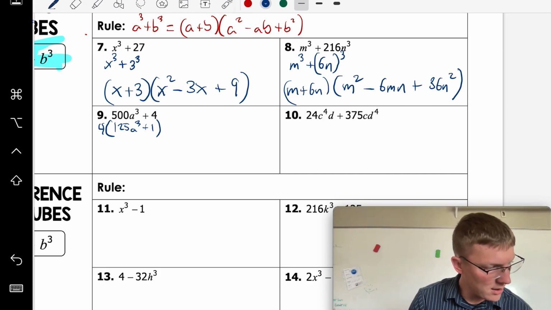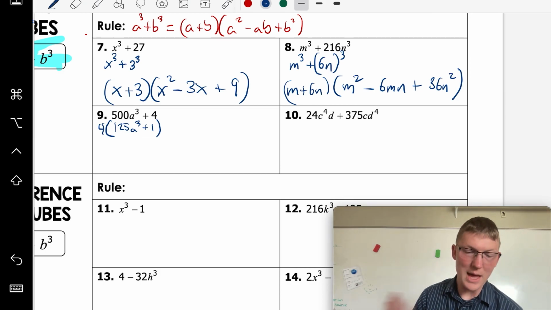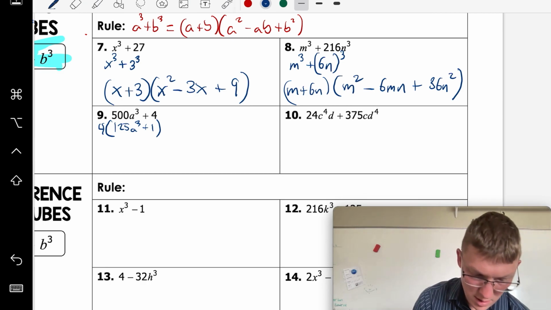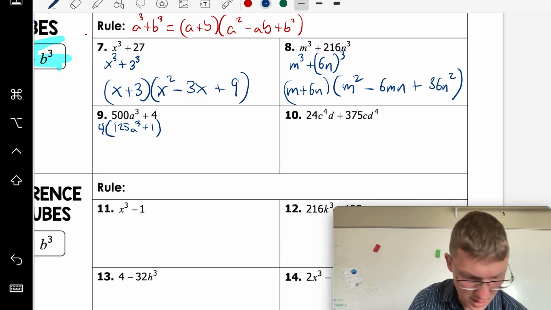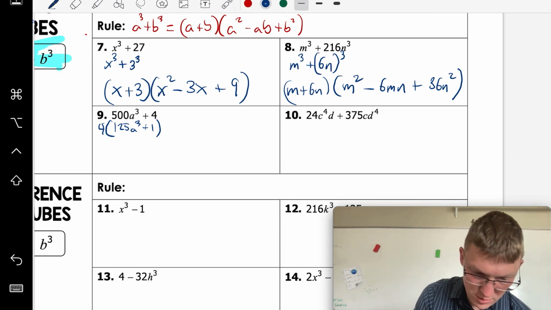Let's see here. The cube root of 125 is 5. So now with that knowledge, I can start plugging stuff in. We've got a sum of cubes. Our a is going to be 5a, and our b is going to be 1. So here we go.